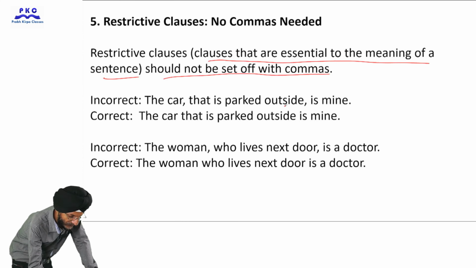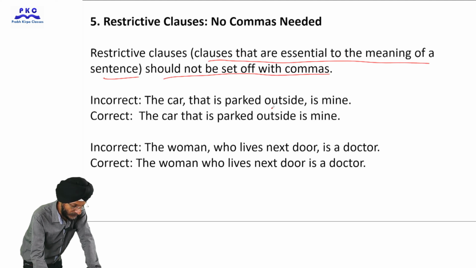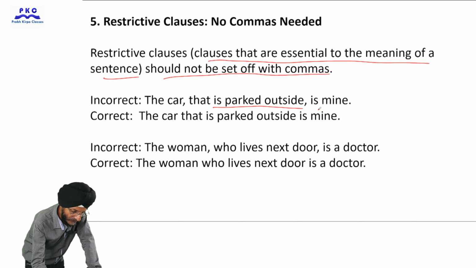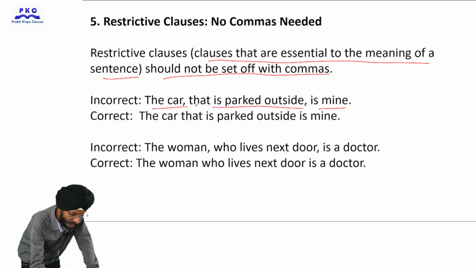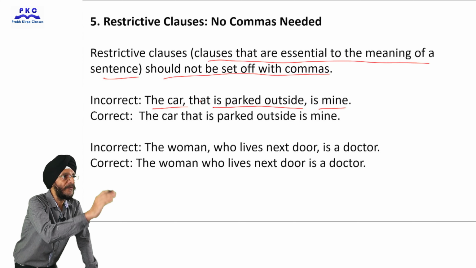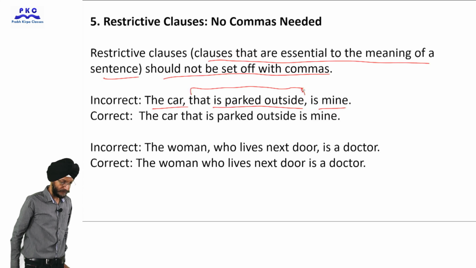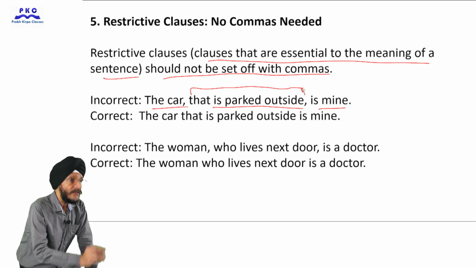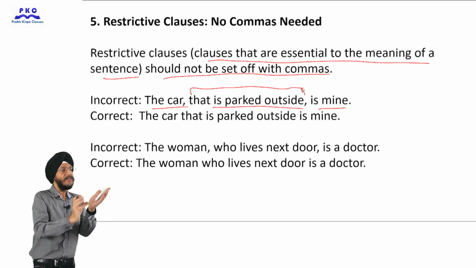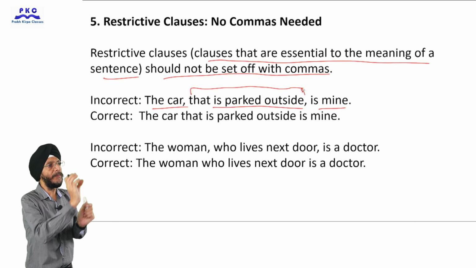The car that is parked outside is mine. Here, it is incorrect to place a comma before the restrictive clause and after the restrictive clause. This is the restrictive clause, that is parked outside. Here, the sentence is talking about a car.